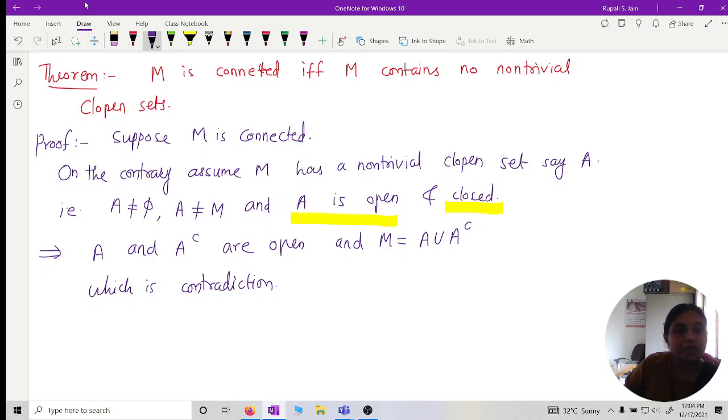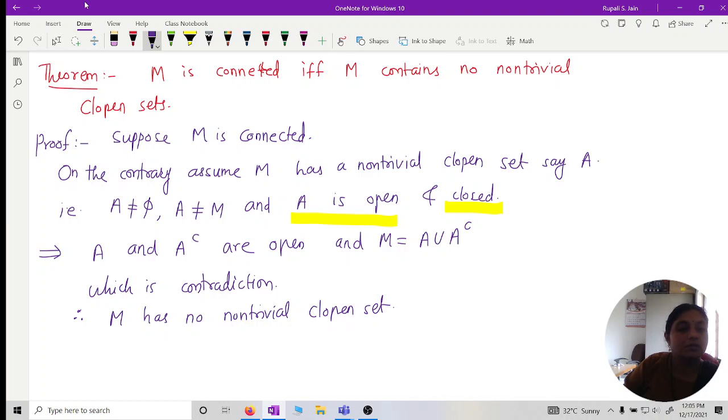Therefore M has no non-trivial Clopen set.